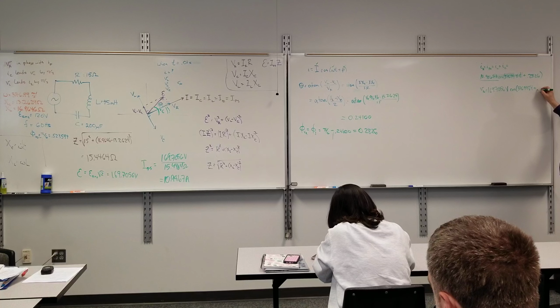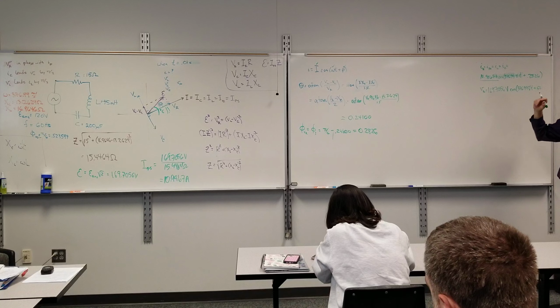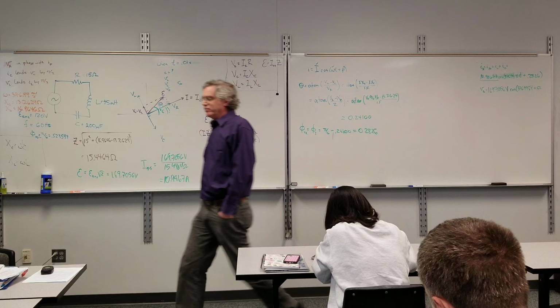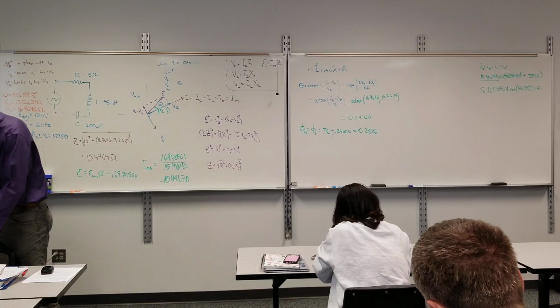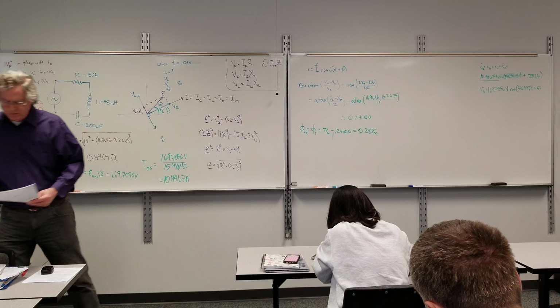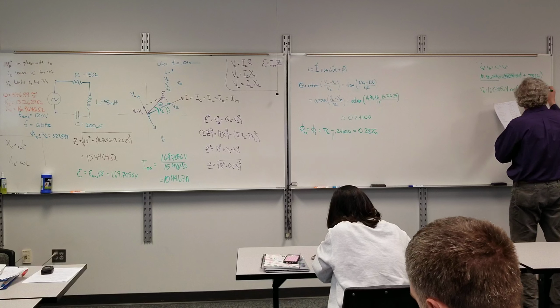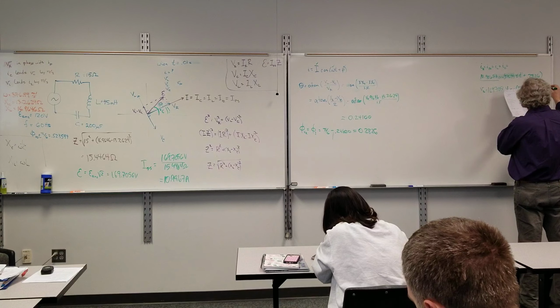Plus pi over 6, which is 0.52359. I don't have a problem leaving it as pi over 6, but probably the decimal number will be beneficial at some point.